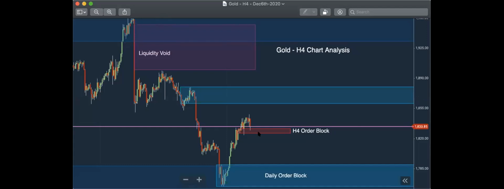Let's look at this one. This is the H4 order block, H4 chart analysis, okay? So here, as you can see, in this area we have an order block. This is an H4 order block, that's why we are showing it in red. And you can see this bullish order block.